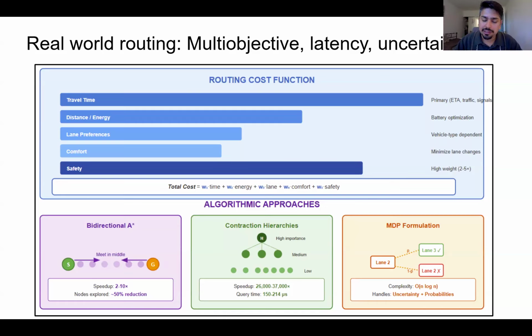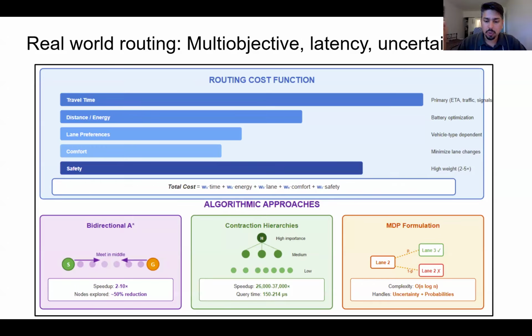Something which is used in the industry, mainly for Google Maps kind of optimization, is called a contraction hierarchy. Some nodes are more important for a particular search, and some are not as important. So what you end up doing is pruning some of these lower-importance nodes, and that speeds up the searches.